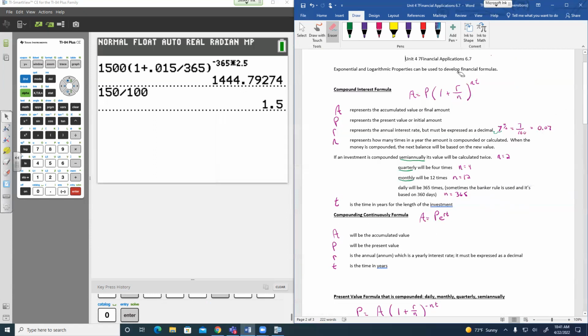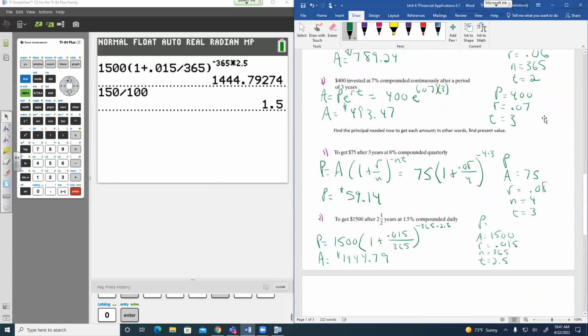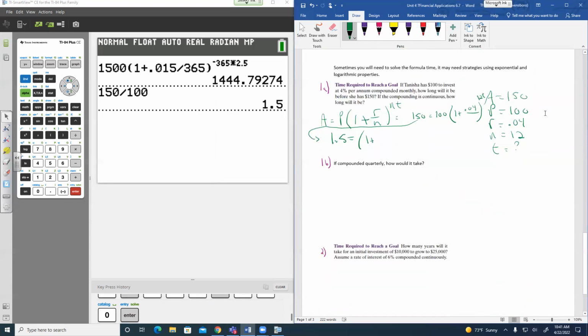All right, so let's see if I can get this thing to work here. So n was actually 12 there. So now we have this. So I divide each side by 100. So I have 1 plus 0.04 divided by 12 raised to the nt. So it's actually 12t.